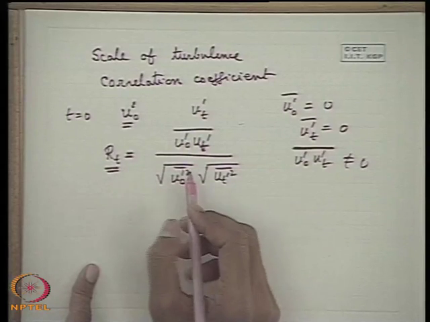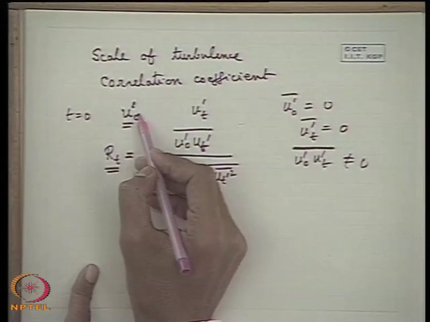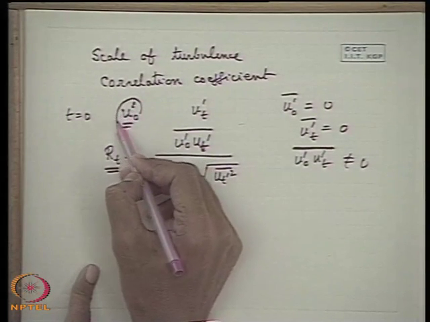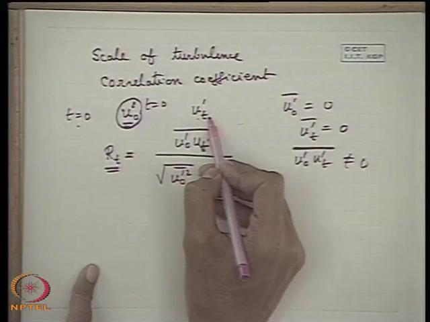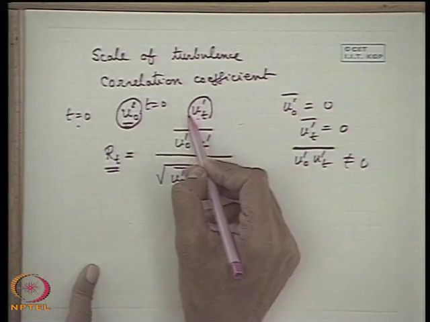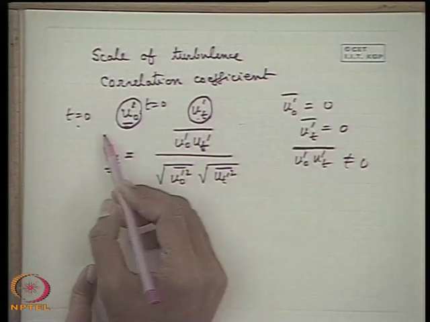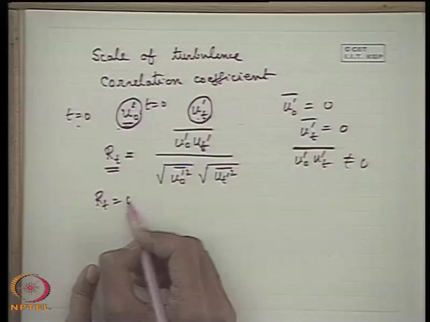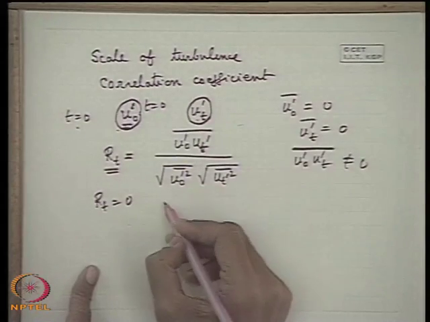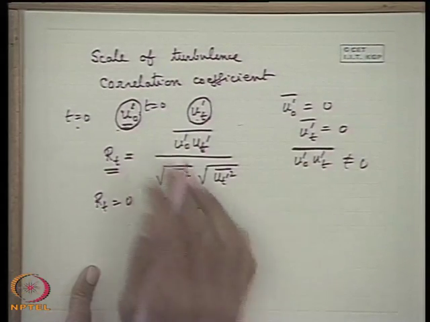This physically signifies how the fluctuating velocity at an instant t equal to 0 at any point correlates with the fluctuating velocity component at a time t, whether there is a correlation between these two or not. If RT is equal to 0, there is absolutely no correlation, and if RT is equal to 1, that means there is full correlation.